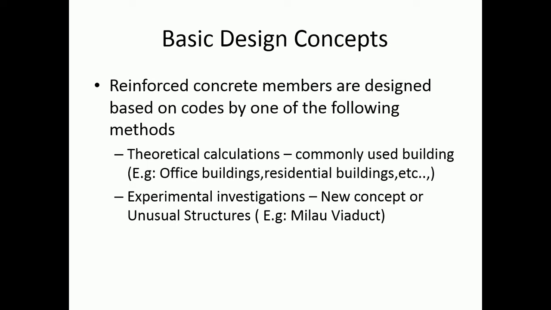And then the other method is experimental investigations. When we would like to have some special structures which are unique and not similar to what we already have, we'll go for some new concepts, or based on research results we'll do some analytical work, and based on that we'll utilize new concepts for the design of new buildings.